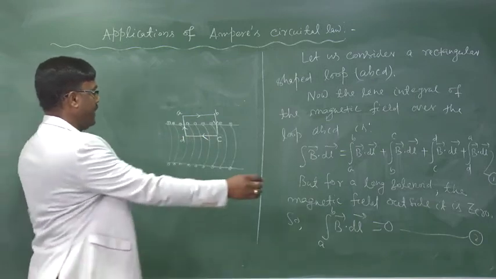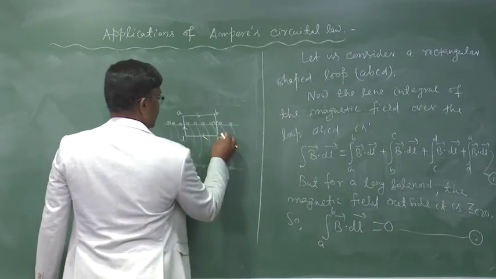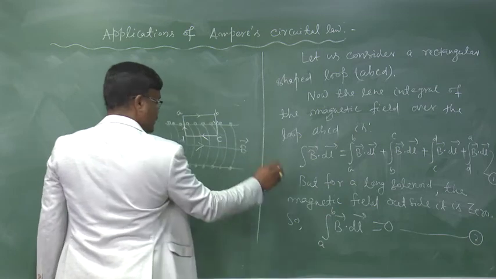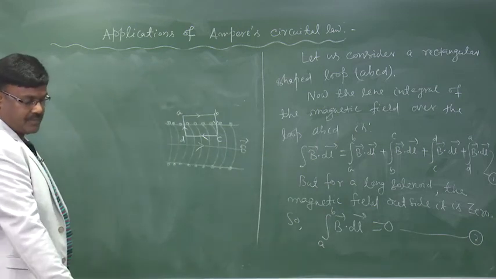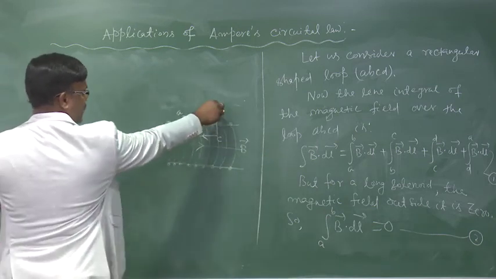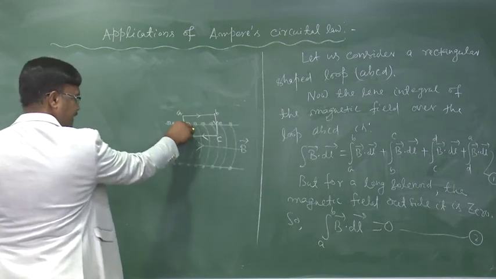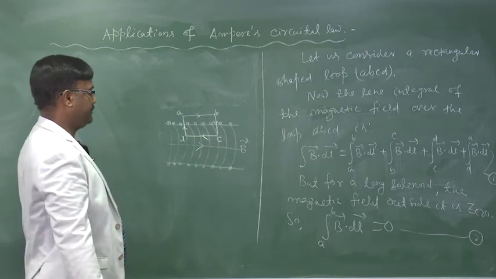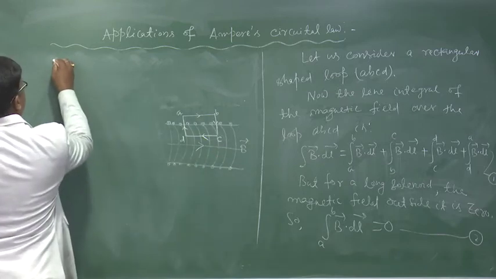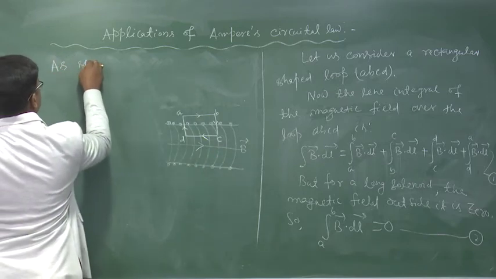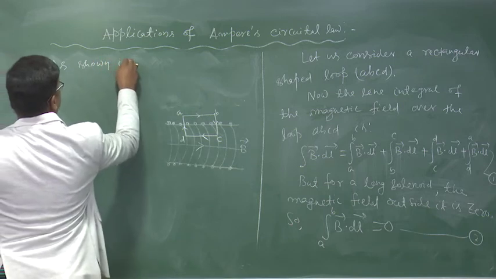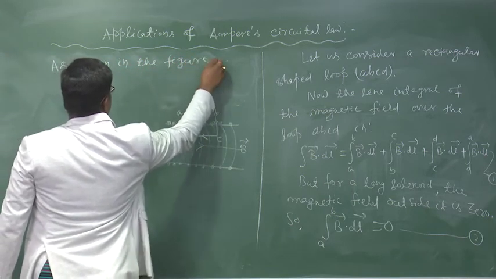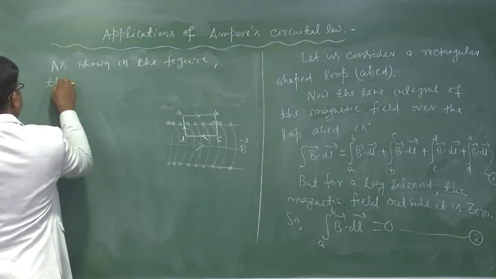Now, here the magnetic field is along this direction, and the sides BC and AD are perpendicular to the magnetic field, as shown in the figure.